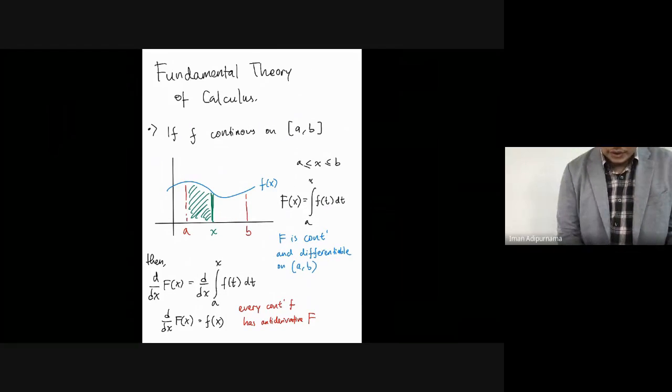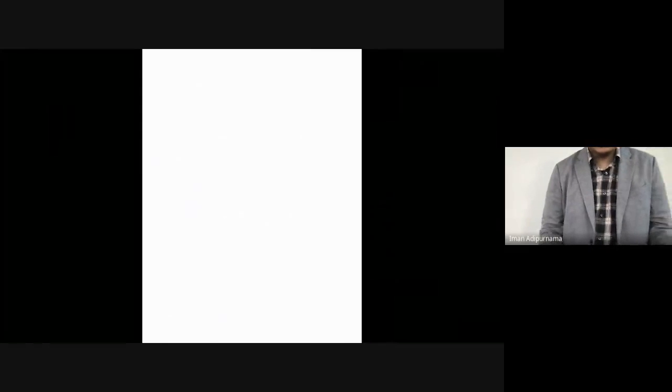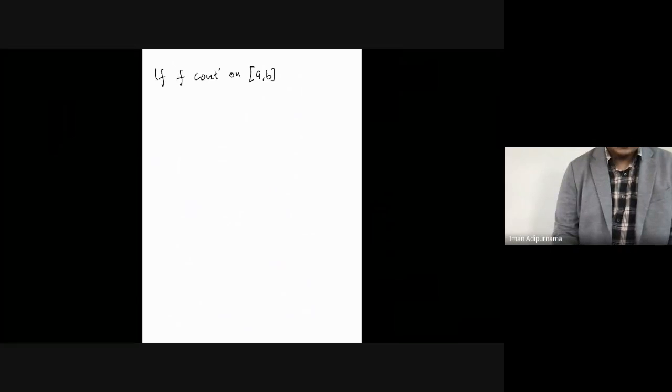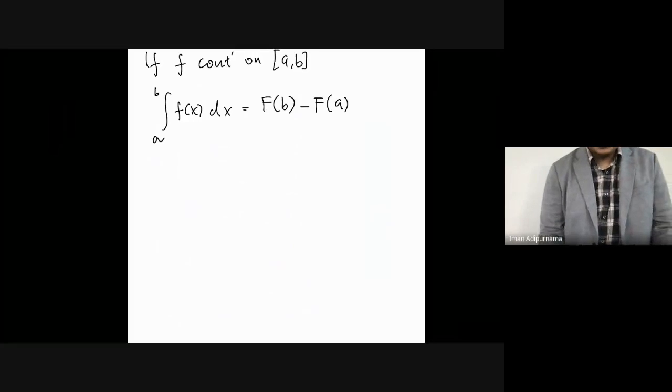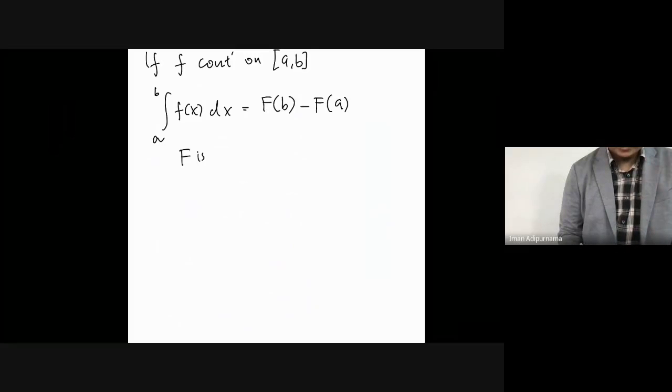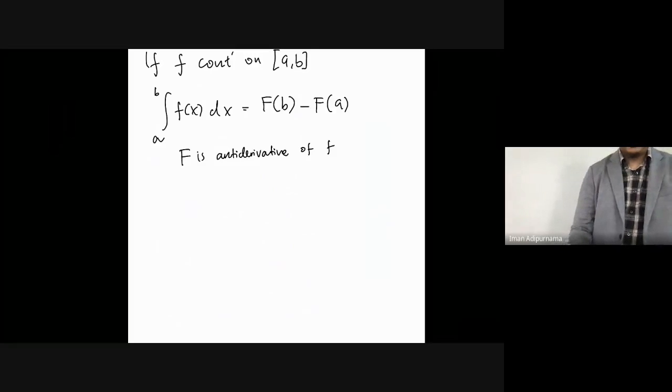Another note for the fundamental theorem is, if the function is continuous on this interval, then the integral of f(x) dx will be F(b) minus F(a), where F is the antiderivative of small f.